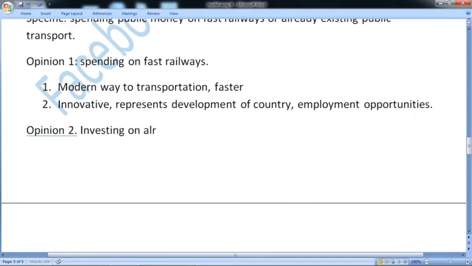Investing on already existing railways. Why we will invest on already existing public transport? Because we have to spend less money.